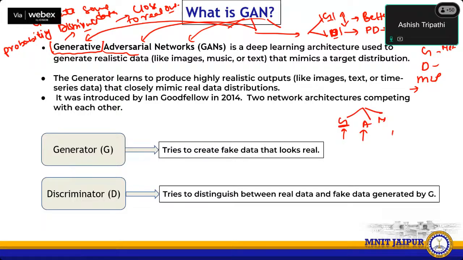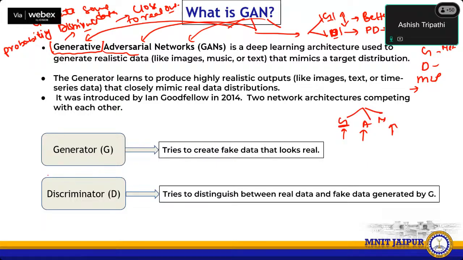And N for network, that means we are going to use some deep neural network based models in order to accomplish this particular task.